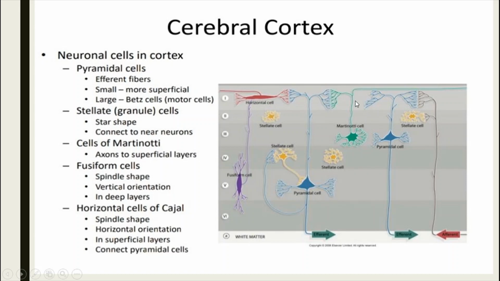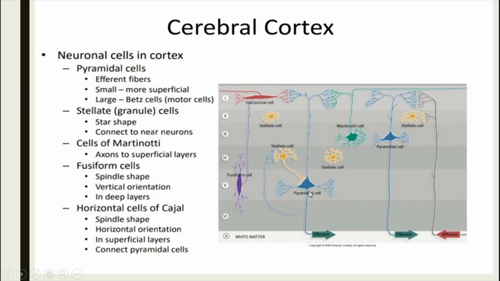These processes, the dendrites, connect towards the cells, and the axons pass towards the superficial layer. Usually in most cells the axons pass to form the white matter, but in the case of the Martinotti cell, the axon passes towards the peripheral region. This is also the pyramidal cell layer.